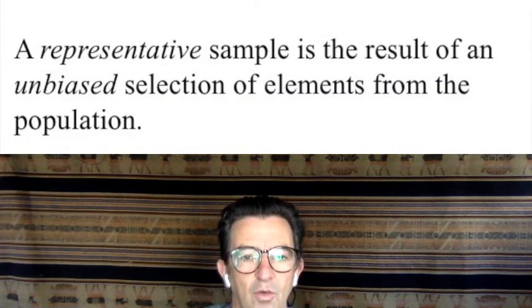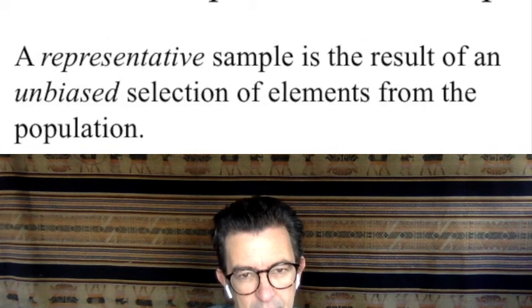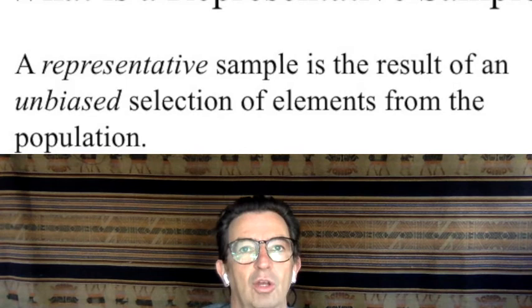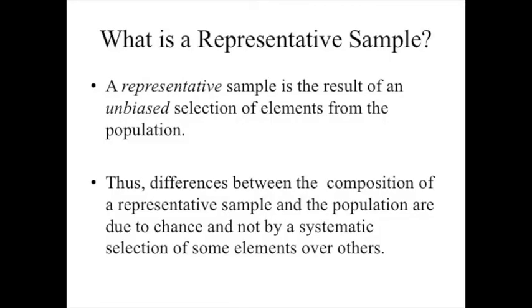A representative sample is the result of an unbiased selection of elements from the population. So the difference between the composition of a representative sample and the population, if there is one, would be there just by chance, not by a systematic selection of some objects over others.